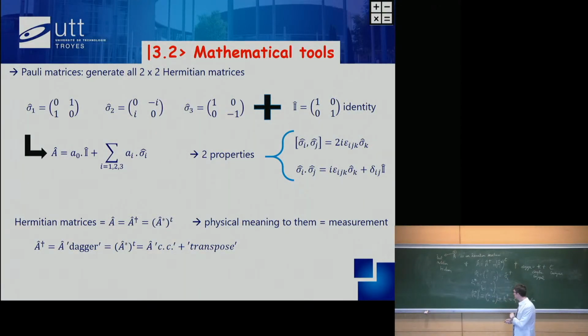Not just because it's a mathematical artifact or consequence, but there is actually a physical meaning to that, which we will see later on. I remember I told you, this is why we put this little hat. It's not just because it's a mathematical object, but because there's physics behind it. And the physics behind it is a measurement.